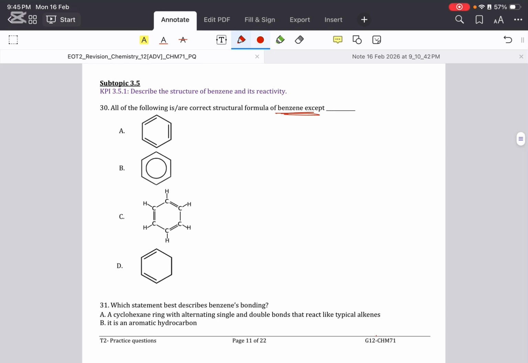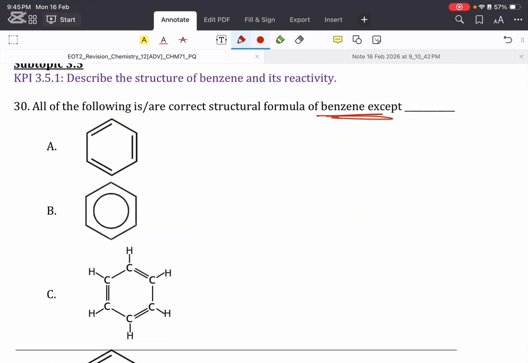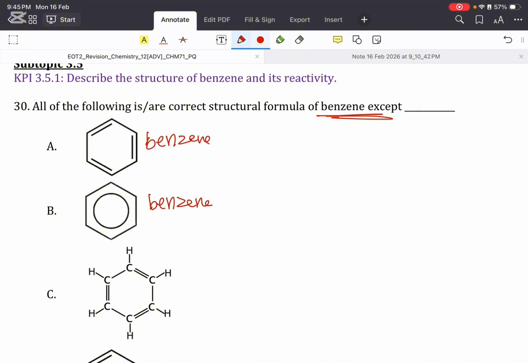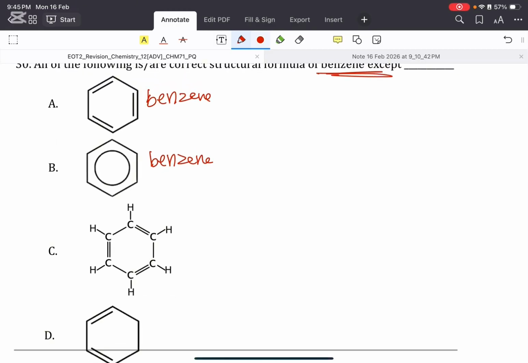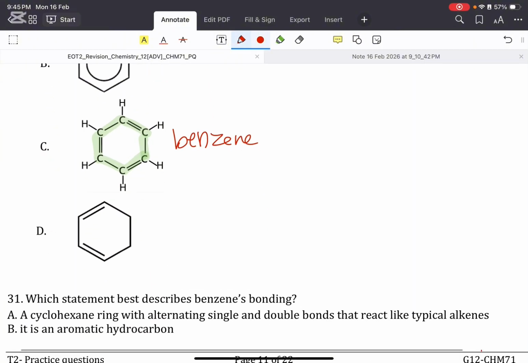Which one is a correct structure of benzene? That is another way to draw a benzene. Again, I can see a ring of 6 carbons with the 3 alternating double bonds. So that is again a benzene. But this one is not a benzene because it has only 2 double bonds.